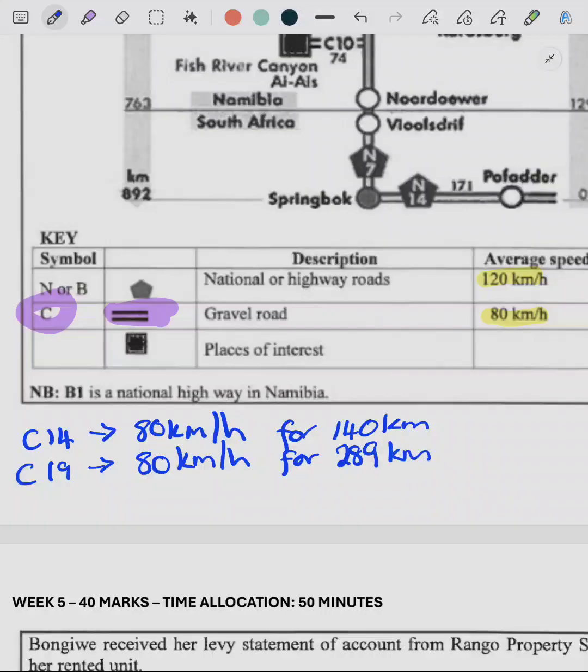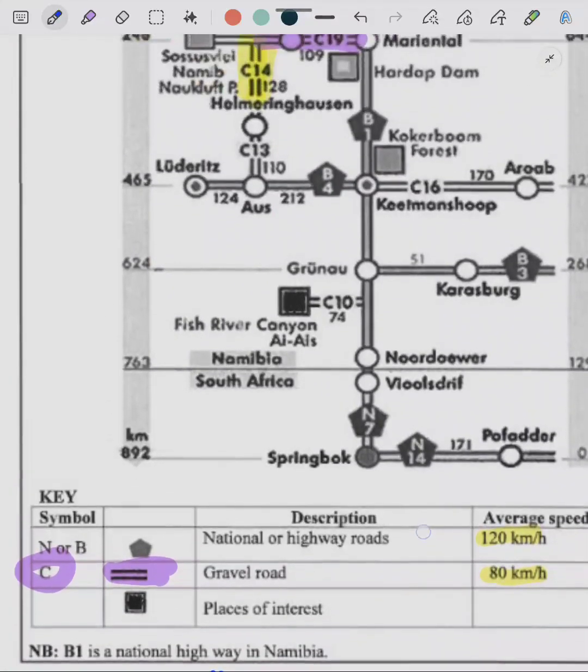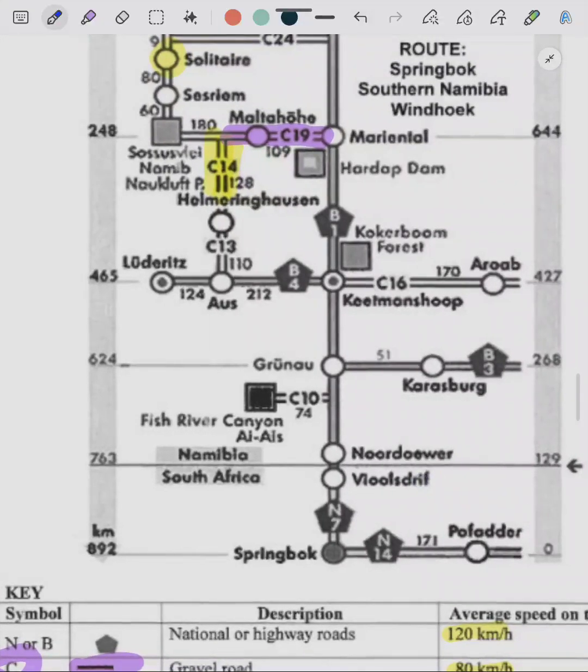Then the last part of her journey, we know she was traveling on that little middle route, and we did look at this a bit earlier. Just a different color. She went from here all the way down to there. We know from the last question it was 217 kilometers, and you can see this is now on a national road.